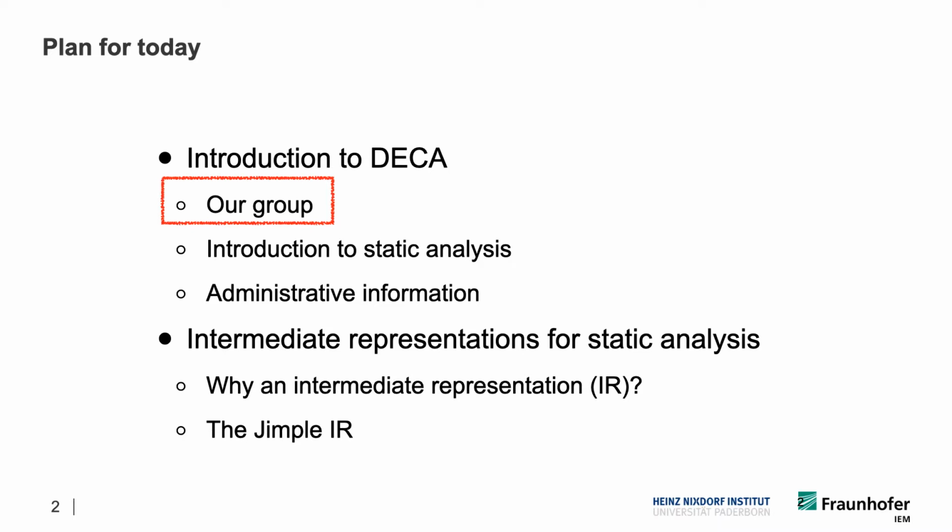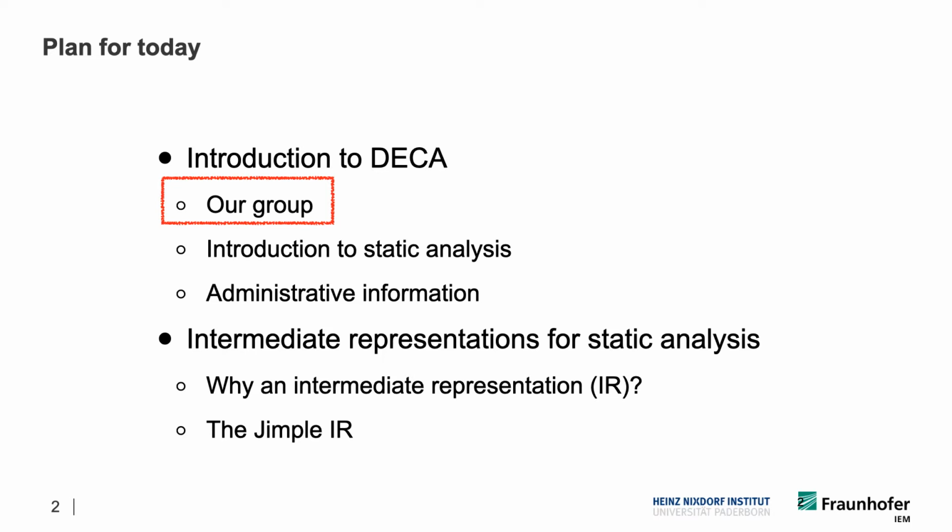Then I will also be talking about a brief introduction to static code analysis. And later on, I will give you administrative information. And I will also be talking about intermediate representations for static analysis. So intermediate representation is basically a representation of program code that is not quite source code and also not quite bytecode or machine code, but is something in between.